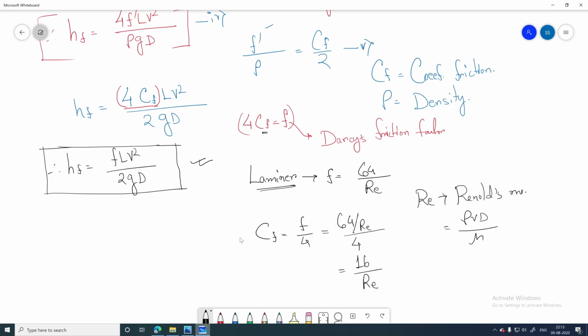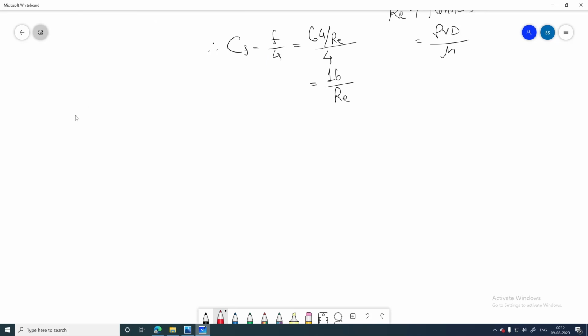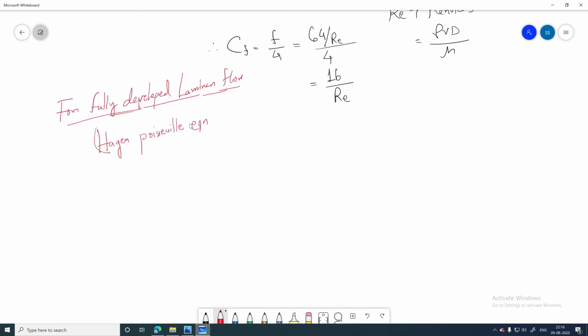Now I am going to give you a very important piece of information that is apart from your syllabus, but you should know that for fully developed laminar flow, the equation that we generally consider is known as the Hagen-Poiseuille equation, and that is HF equals 32 mu V L by rho g d.